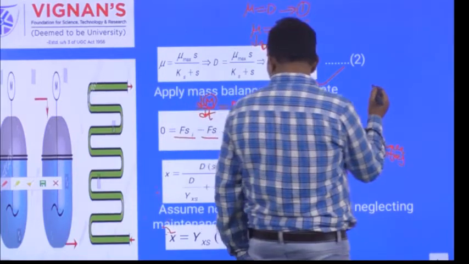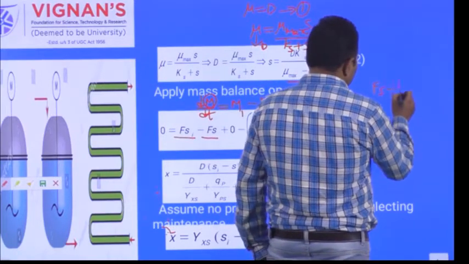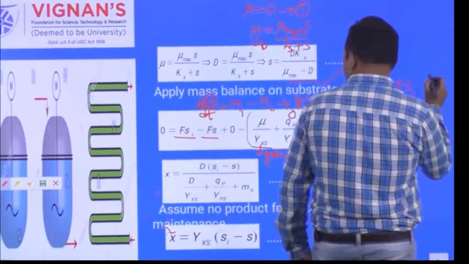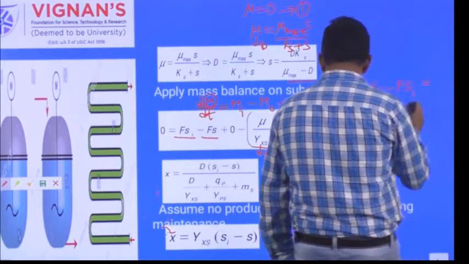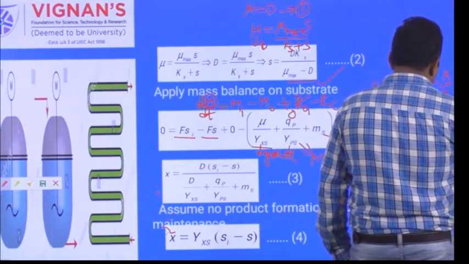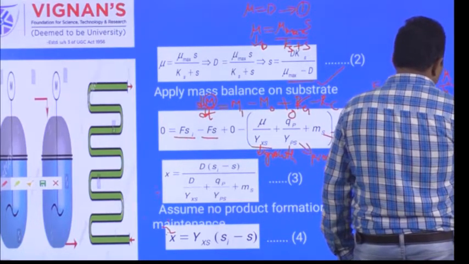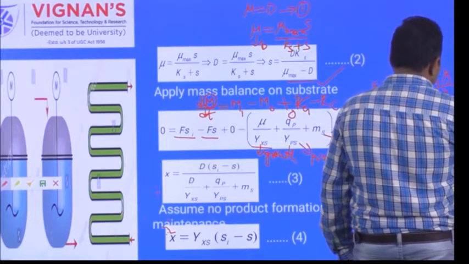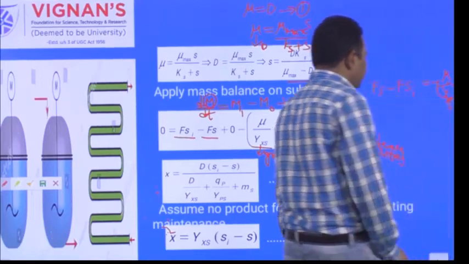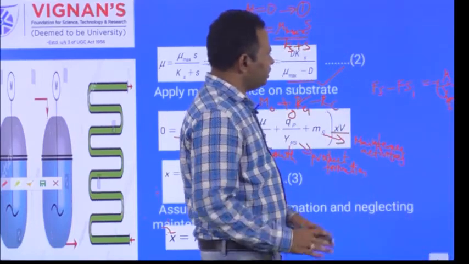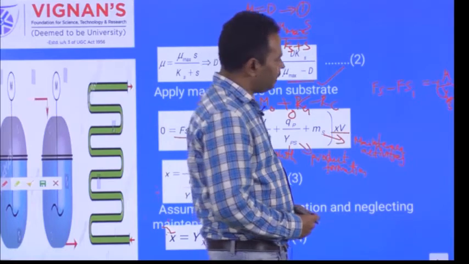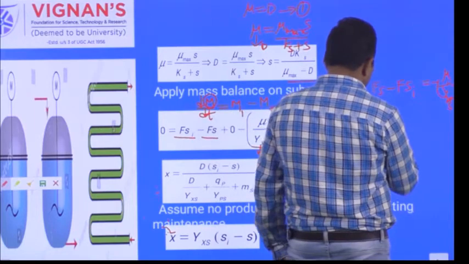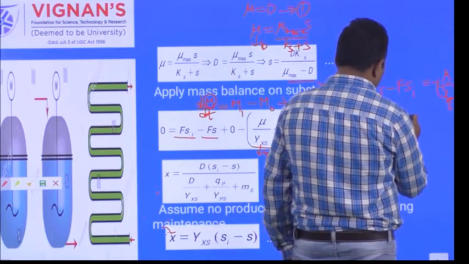That becomes FS minus FSi is equal to minus mu by Yx/s plus qp by Yp/s plus ms, into x into V. Now we divide the entire equation by V and take F by V common on the left hand side, and replace F by V with D. On the left hand side you obtain D into S minus Si.